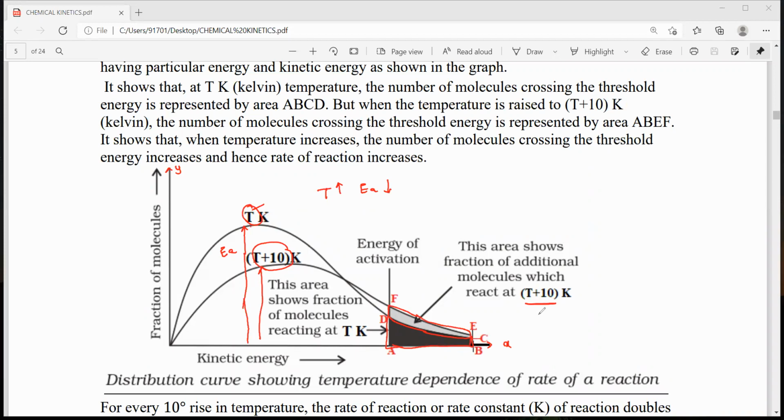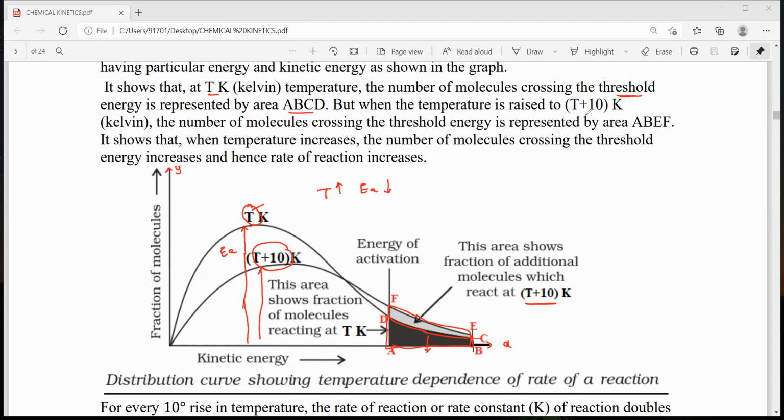Okay, dear students, so it shows that at T Kelvin's temperature, the number of molecules crossing the threshold energy, this threshold energy is nothing but the transition state energy. At that temperature, this is the area A, D, C, B. That many molecules, meaning a smaller number of molecules, have crossed the activation energy or threshold energy when the temperature is low.